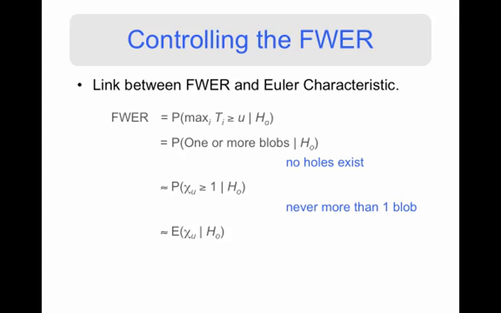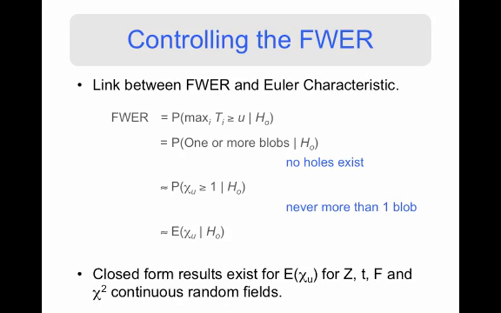So here we have a very interesting link between the family-wise error rate and the expected value of the Euler characteristic under the null hypothesis. Now this seems like we've complicated the problem an awful lot. In order to calculate the family-wise error rate, we need the expected Euler characteristic. But here's where the good news comes into play.